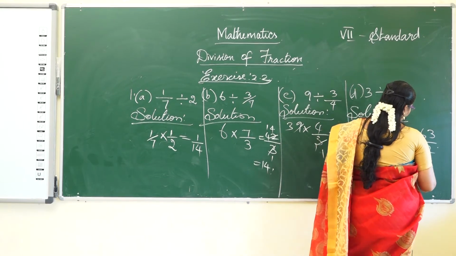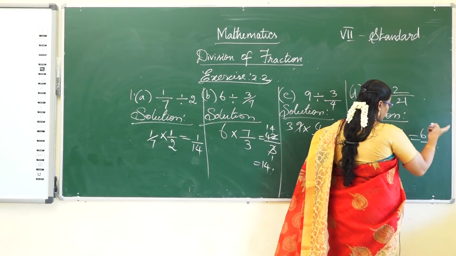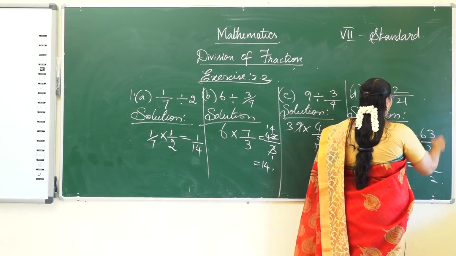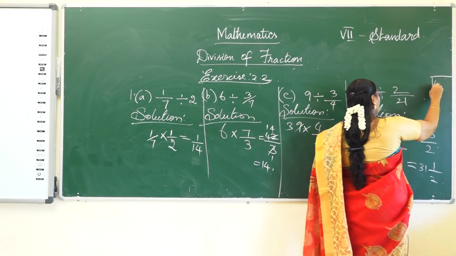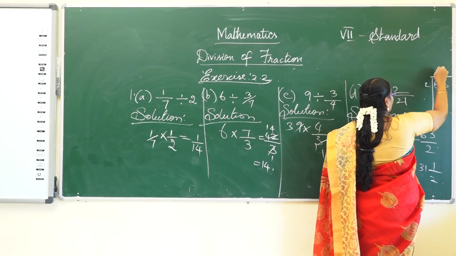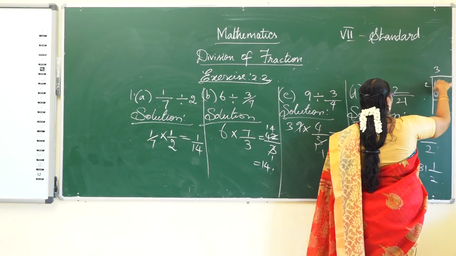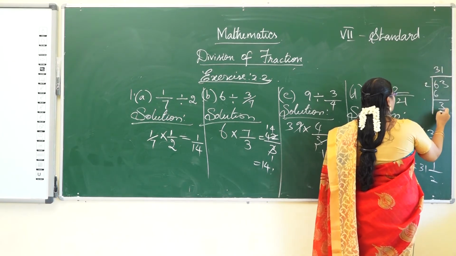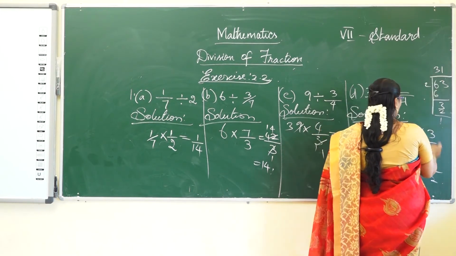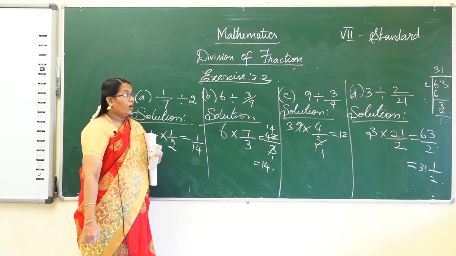How many times? 31 twos are 62, plus 1, so 63/2. Using long division: 63 divided by 2, 2 threes are 6, then 3, 1 time, 2 ones are 2, remaining 1. So the quotient is 31, the remainder is 1, and the divisor is 2. The answer is 31 1/2.